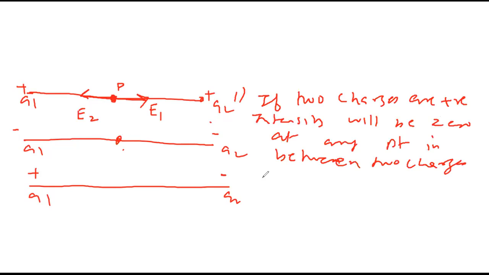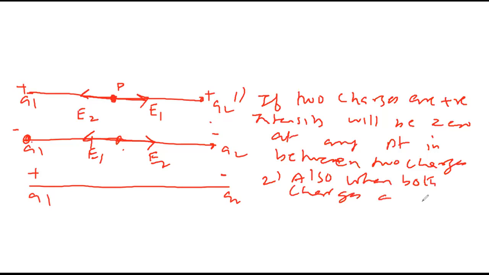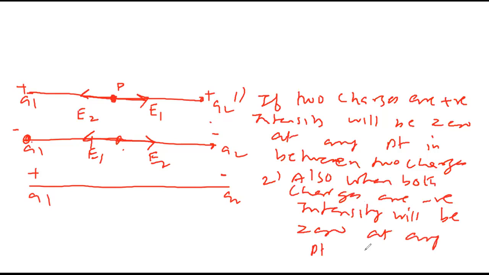Now, if it is negative, then let us see. For this negative charge, intensity E1 will be inward, that means towards that charge. And for Q2, again it will be like this. So again I'm getting E1, E2 in opposite direction. So can I say also, when both charges are negative, intensity will be zero at any point between two charges.